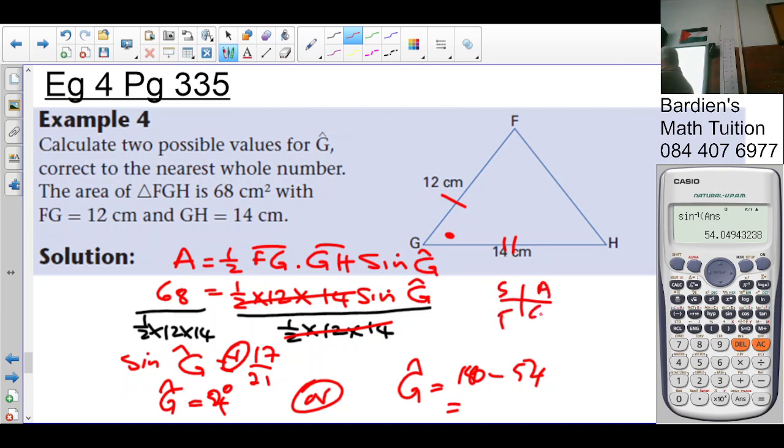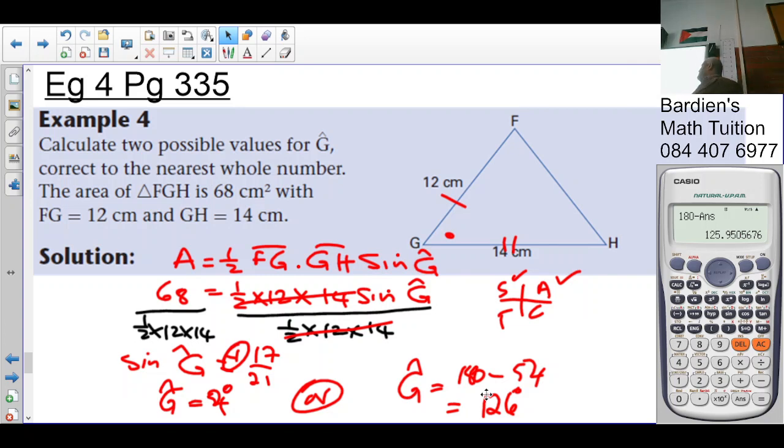Those two. And 180 minus that angle is going to give you 126. If it were negative, then it would lie in the other two quadrants, but that's not going to be the case, because I can't get a triangle lying in this quadrant. Okay, those are the answers.